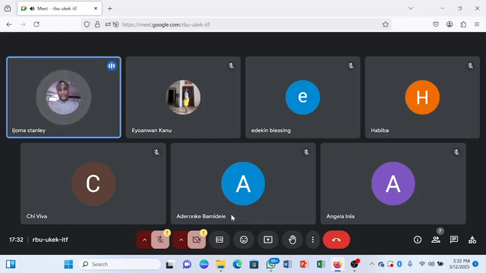So we have the third one, which is respiratory hygiene. The first one is hand hygiene. The second one is personal protective equipment. The third one is respiratory hygiene and cough etiquette. What is respiratory hygiene? Respiratory hygiene is done to ensure that droplets are not sprayed into the atmosphere.